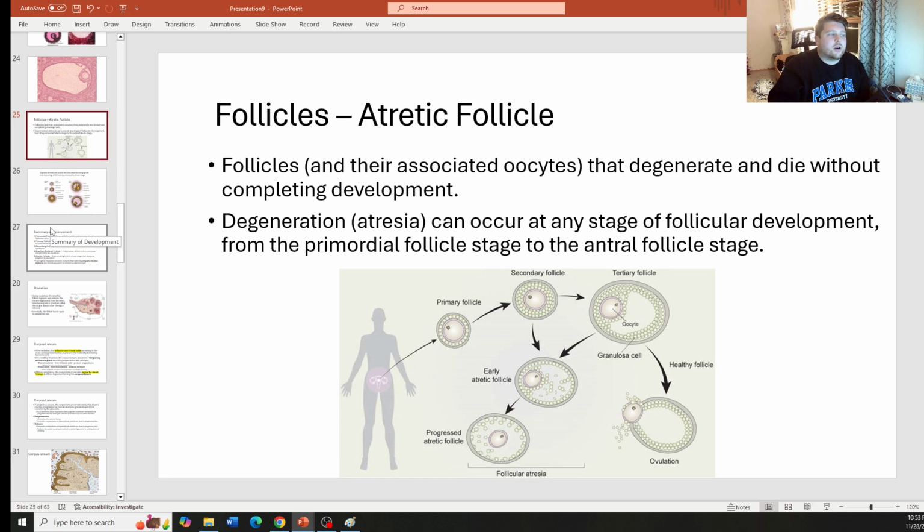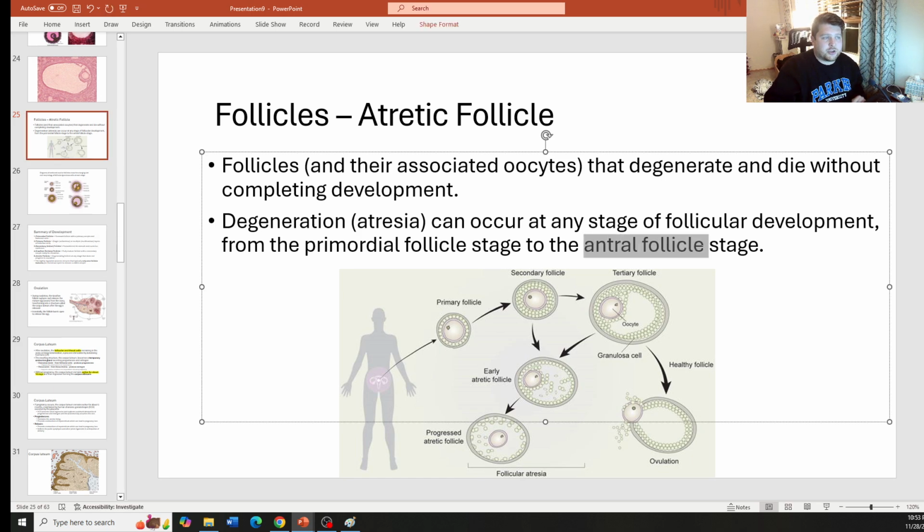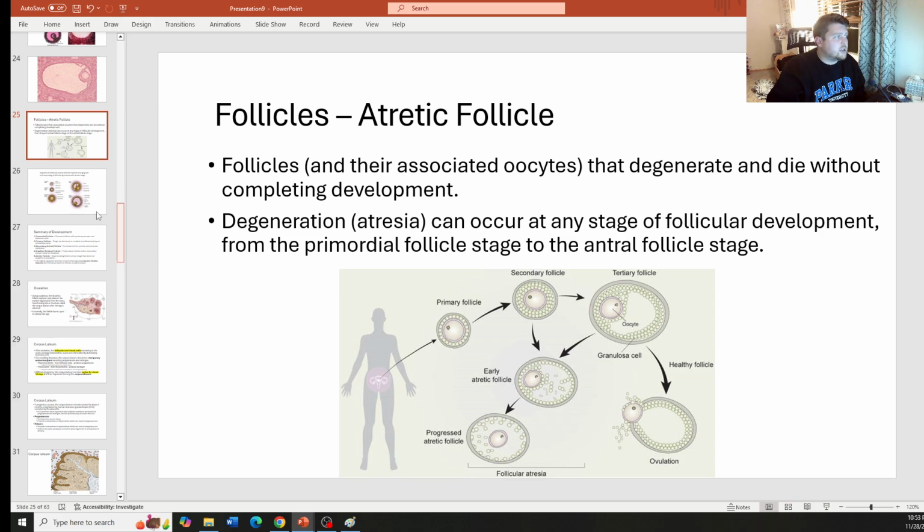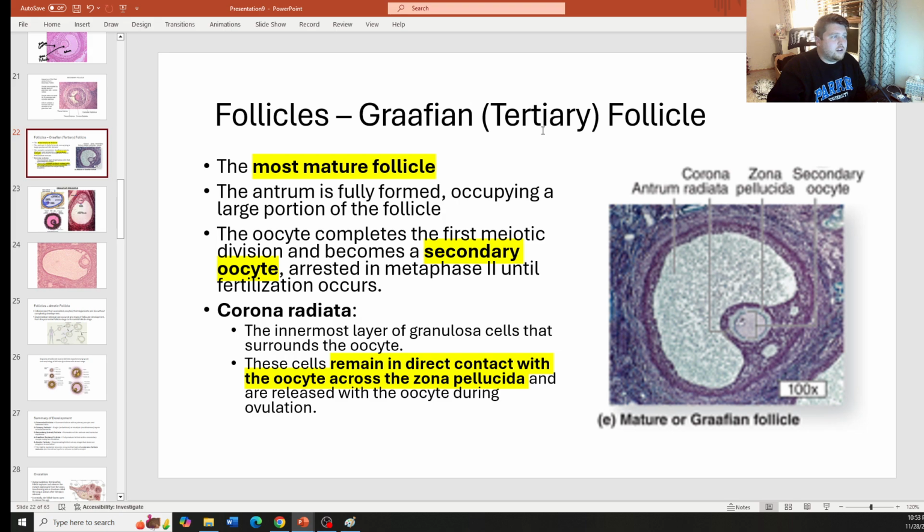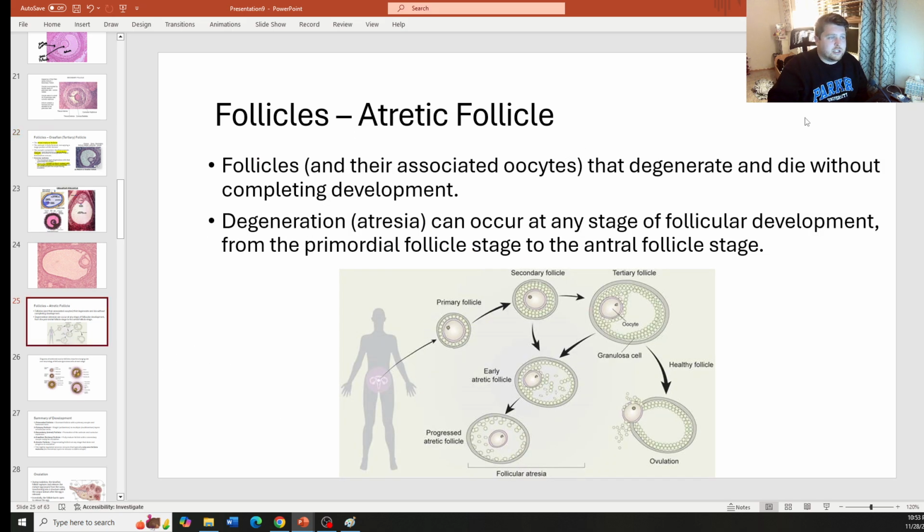This can occur at any stage, all the way from the primordial follicle up to an antral follicle stage. So once it reaches the tertiary stage, that Graafian follicle, this is not going to happen. It's not going to just degenerate and die. But any time before that, it can enter into this process and regress.